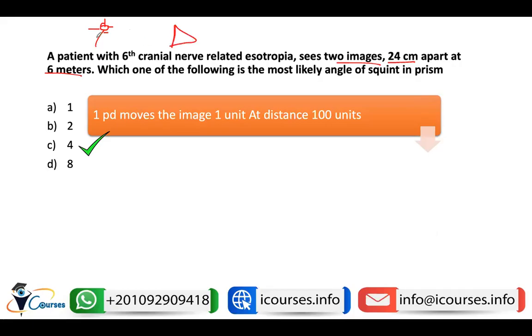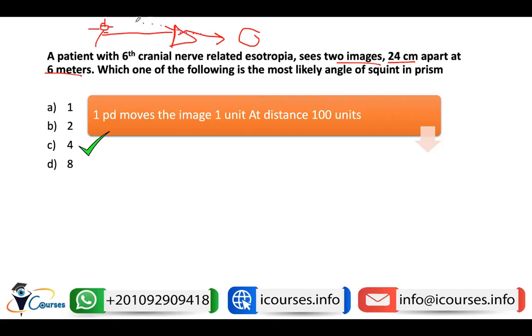So what happens is that the light rays from this flower will be deviated toward the base. So when the eye looks at this flower, it will see the flower at the extension of the light rays, as we mentioned before, that the eye cannot see in broken lines.